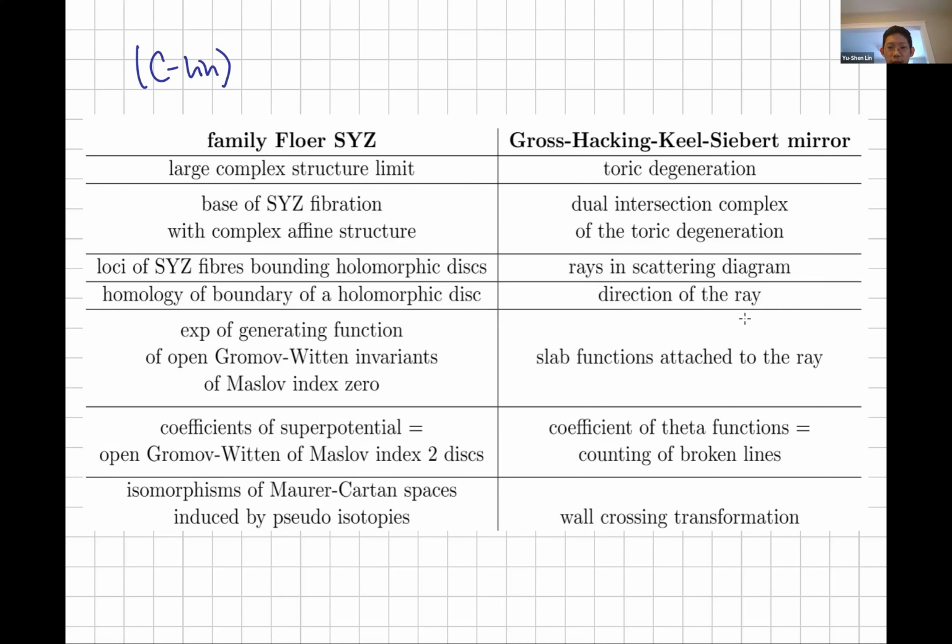In the case of P2, you can have a lot of interesting applications, like the counting of holomorphic disks of Maslov index 0. If they're in the right direction, they correspond exactly to the counting of A1 curves.